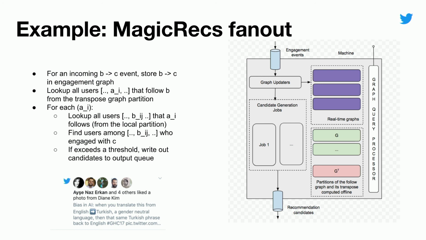Given an incoming B2C event, we look up all the users that follow B. That's the transpose fanout. Then for each of those users, we look up all the people that they follow, which is the forward lookup. And then we find users among that forward lookup who have engaged with C. And if it exceeds the threshold, we write that event out. This part is a bit dense, but you can trust me, it works.